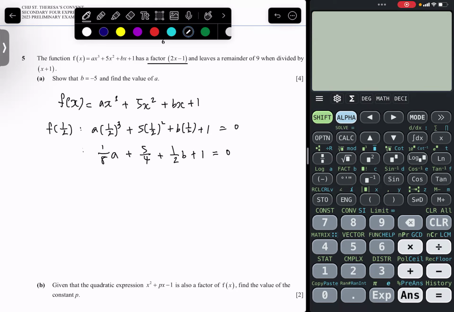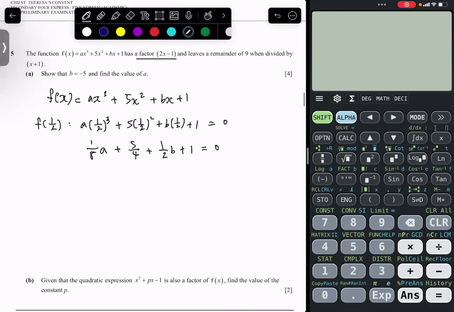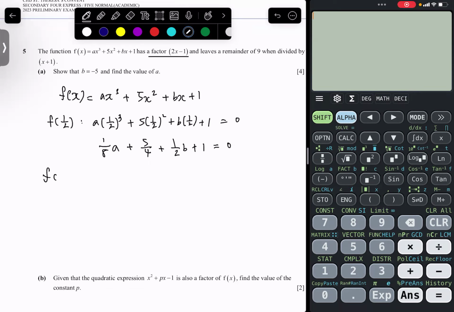Okay, f(x) is such that... then the other one is f(-1) is such that I will have a(-1) cubed plus 5(-1) squared plus b(-1) plus 1 equals to 0.